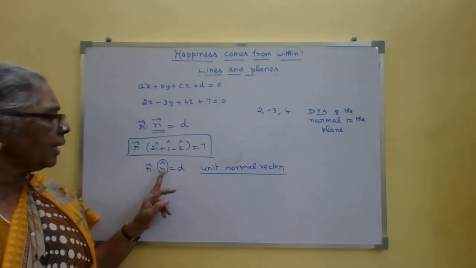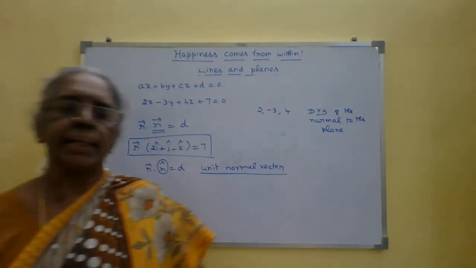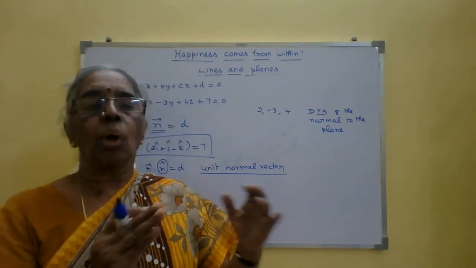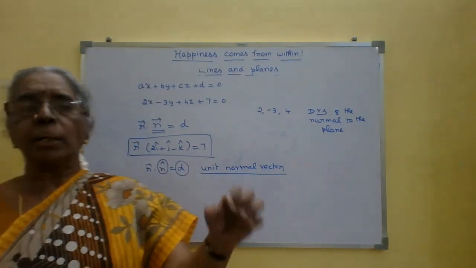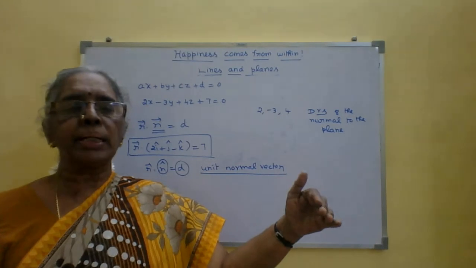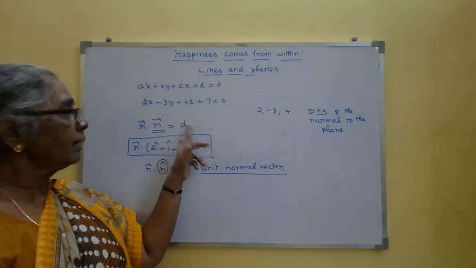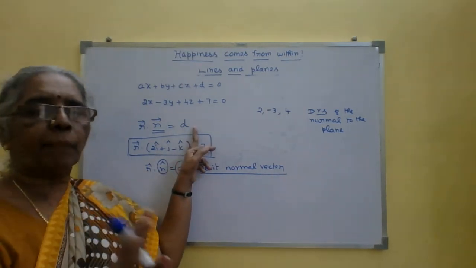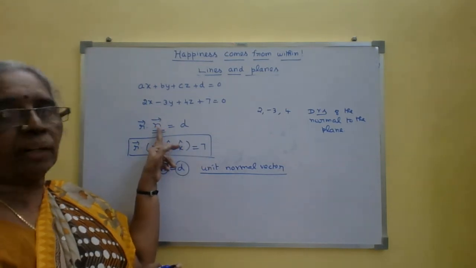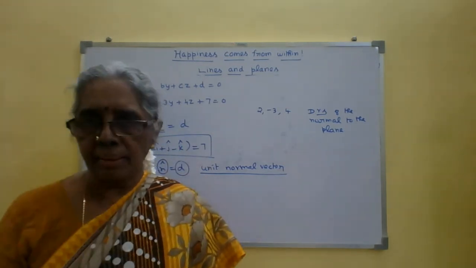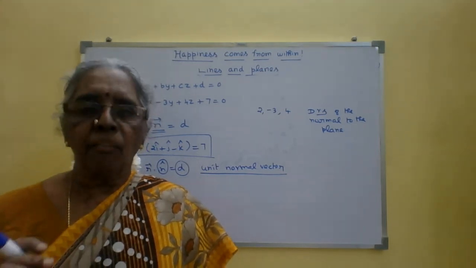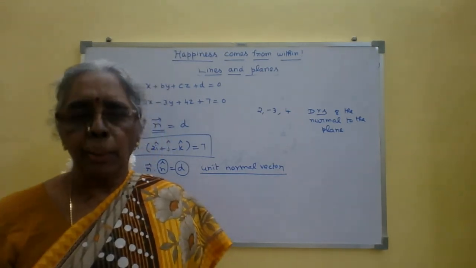So r vector dot n cap is equal to d is actually called the normal form. Here d represents the perpendicular distance from the origin to the plane. That d does not represent the perpendicular distance when you have the n vector. When you have the n cap, that d represents the perpendicular distance from the origin to the plane.